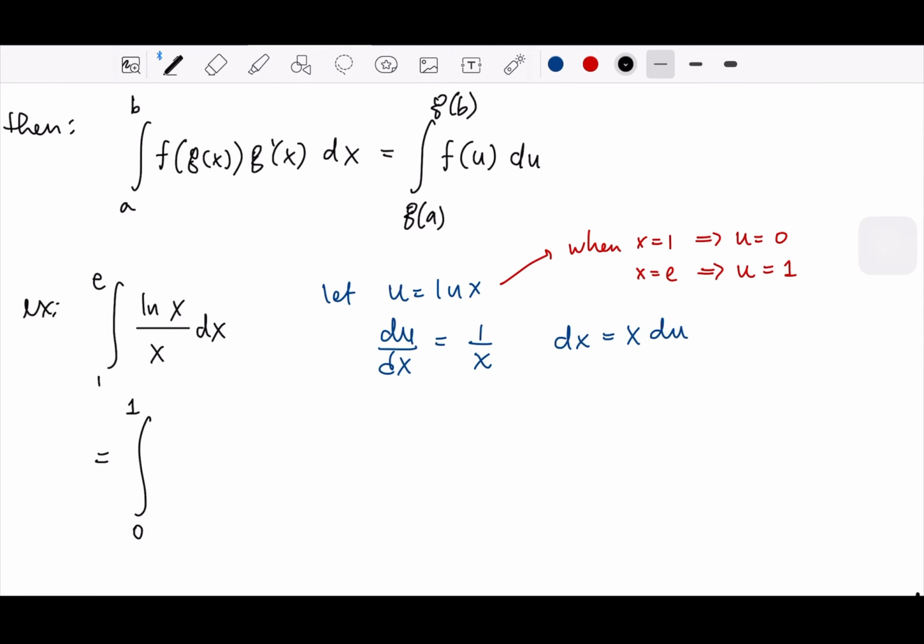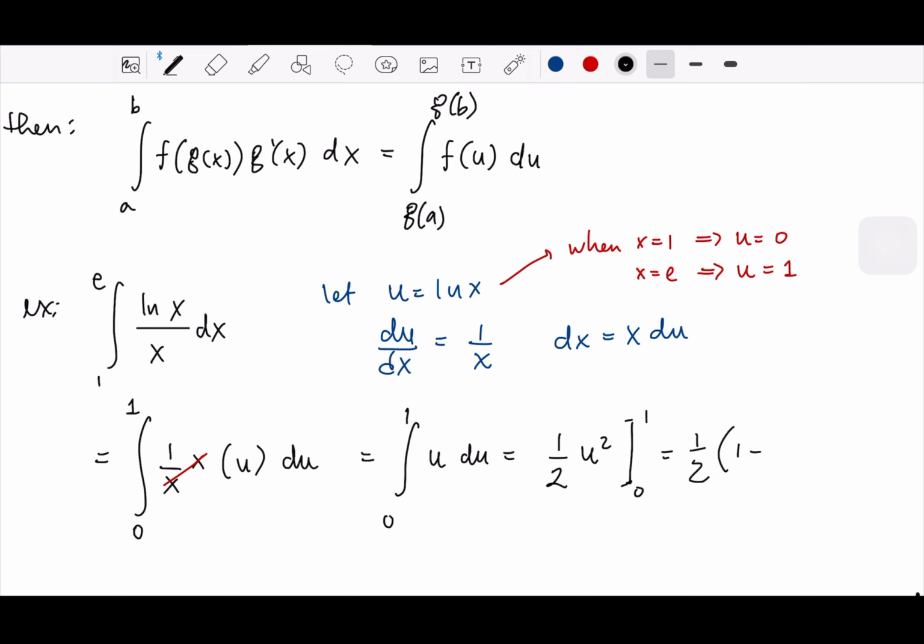And this part here will be 1 over x, and then x, and then u, and then du. Okay, so we can cancel this part. So we have the integration from 0 to 1 of u du. Or we could write that this will be 1 over 2 u squared, and then substitute the 0 and 1. So half of 1 minus 0, which is going to be 1 over 2.